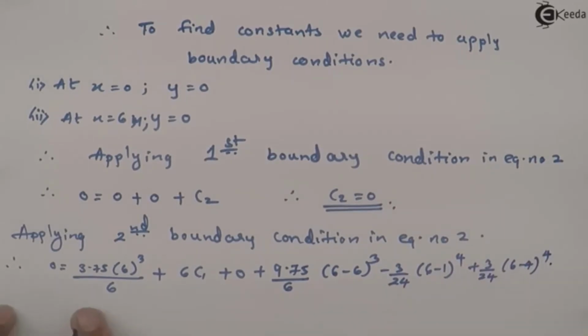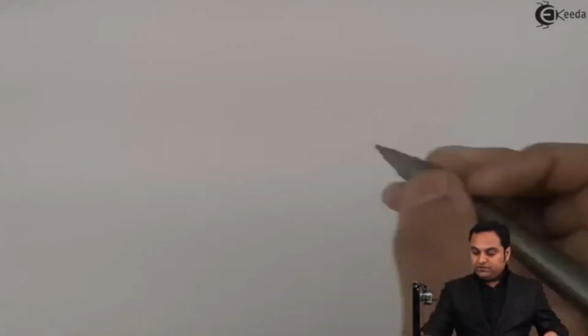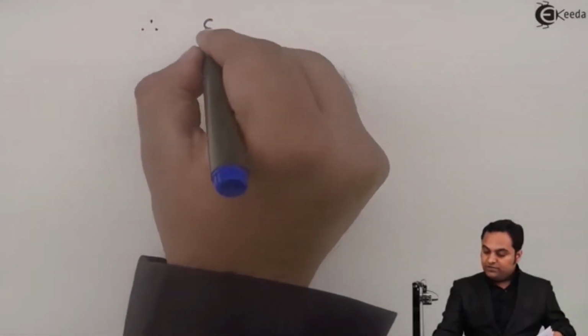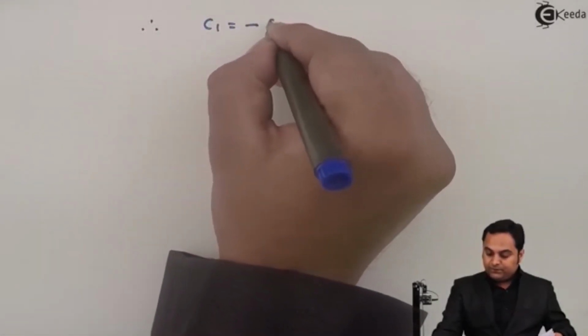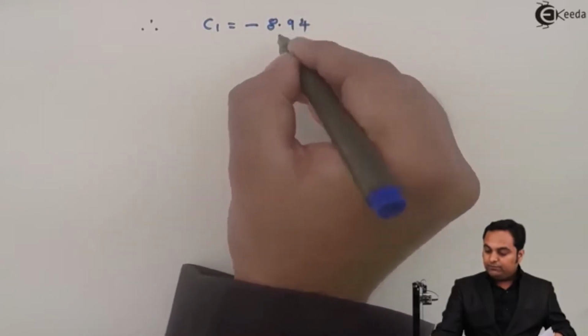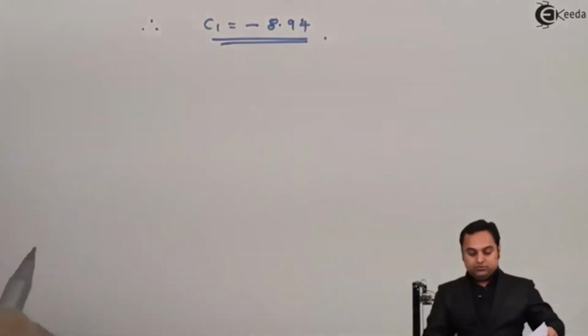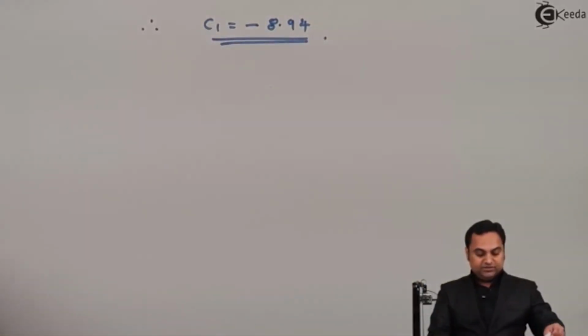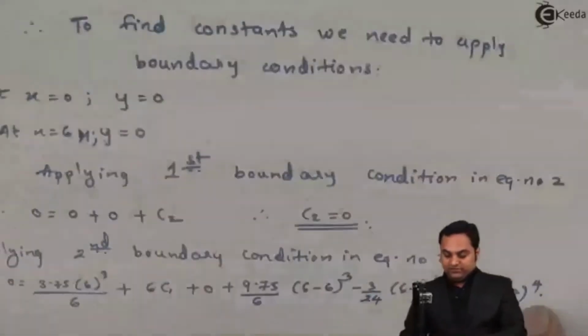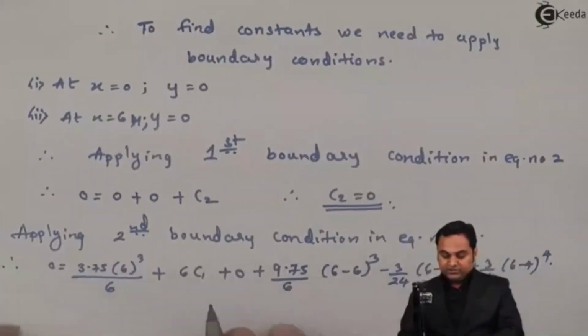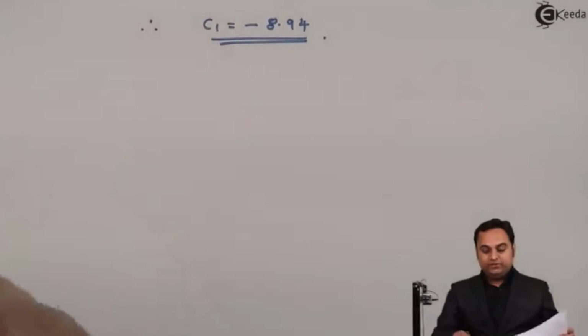Now after this, on simplifying this, I'll get the value of C1, and the answer is, therefore C1 is minus 8.94. So here, on simplification of this complete equation, C1 value is minus 8.94.